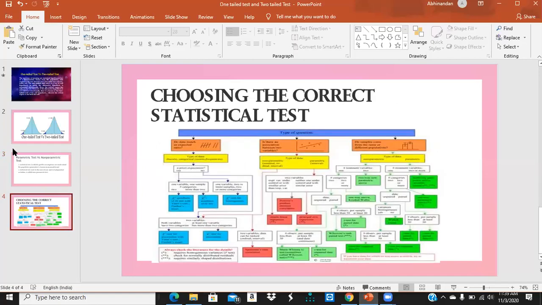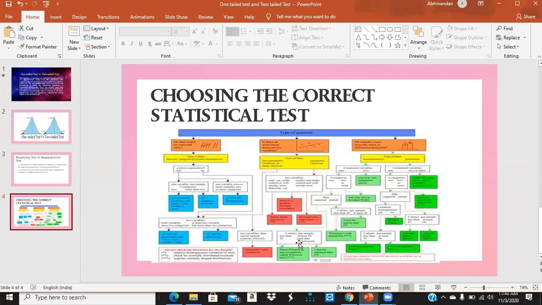So the next concept is in the hypothesis testing procedure. As I said, choosing appropriate statistical tools is an important task, because it is not possible to apply any statistical tool to any type of data. So there are some criteria while choosing the correct statistical tool or statistical test. Actually, this concept is an advanced concept.